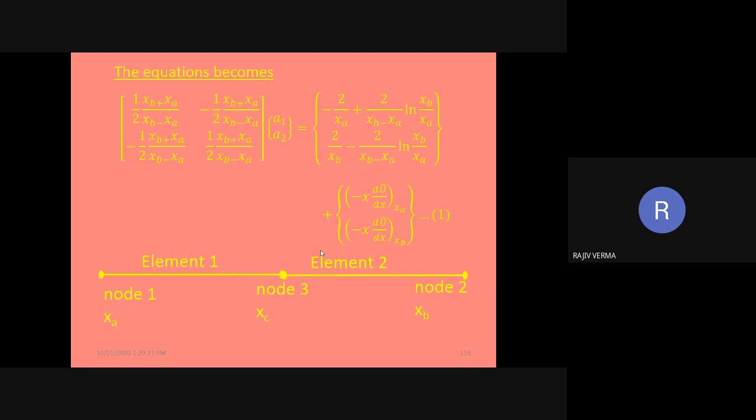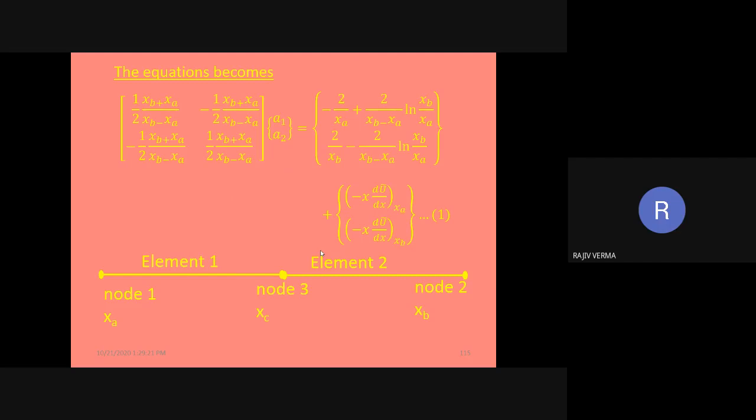And similarly, when we are going to apply equation number 1 for element number 2 in the two element solution, we are going to replace xa with xc, which is going to give us two equations for element number 2.